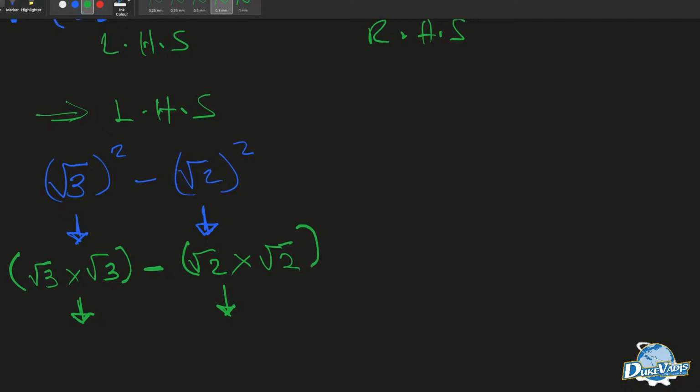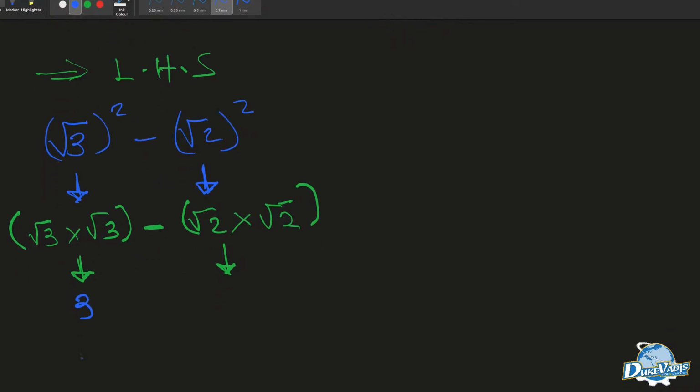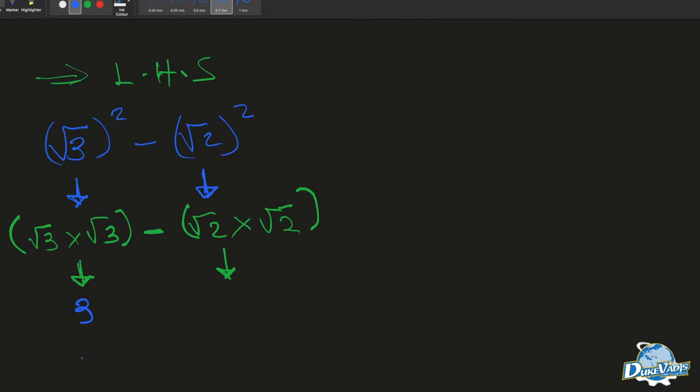When we multiply root 3 by root 3, our answer will be 3, and root 2 times root 2, our answer will be 2. Bear in mind, we have minus here. So our answer, as calculated from the left-hand side, is 1. So that is our first evidence.